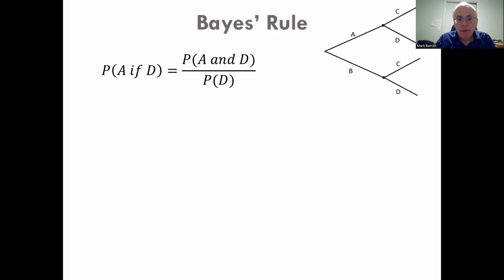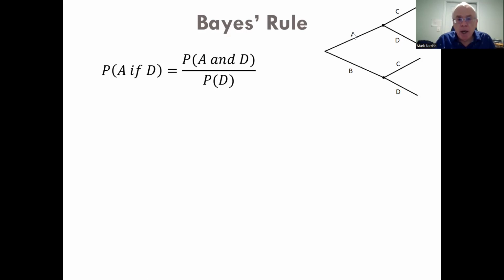Okay. Now Bayes' rule is just an elaboration of the conditional probability. And it's useful to know Bayes' rule if you're being asked to find a conditional probability when the reciprocal, inverse probability is what's given in the problem. I'll tell you what I mean by that in a minute.